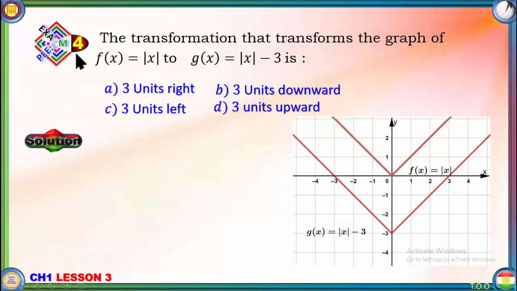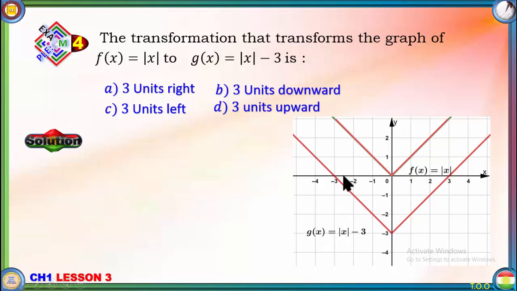Example number 4. The transformation that transforms the graph of the function f(x) equal absolute value of x to g(x), which equals absolute value of x minus 3. Because of the minus 3, the transformation is downward 3 units.